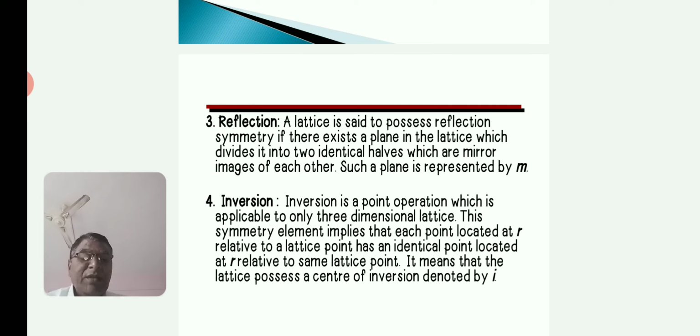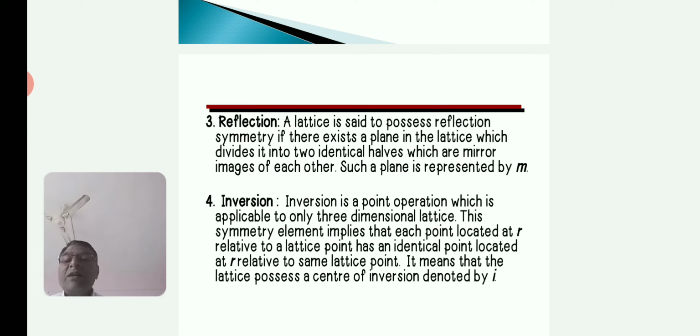The second definition is basis. Basis is an atom or group of atoms placed on each lattice point in a regular fashion. The group of atoms is called the basis. What is meant by the crystal structure? The space lattice plus the basis gives rise to the crystal structure. This is the summary of basis.